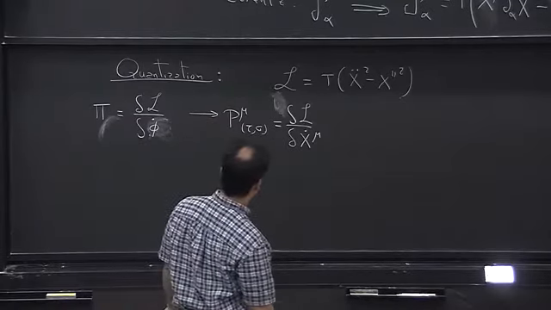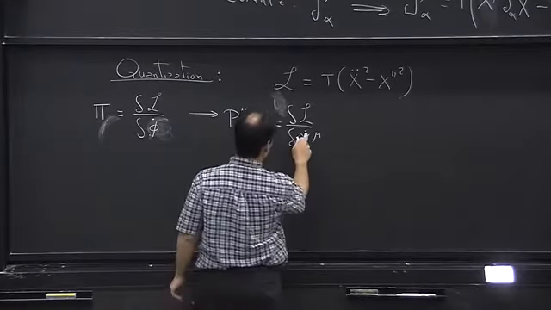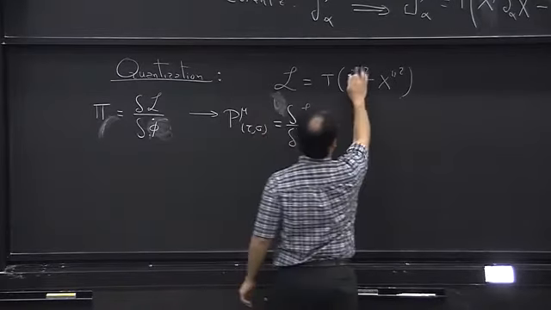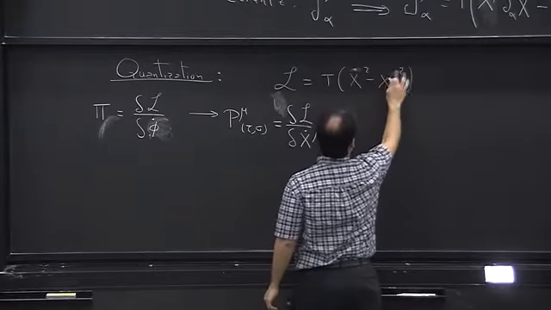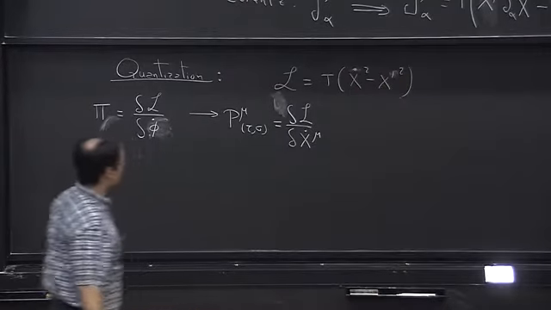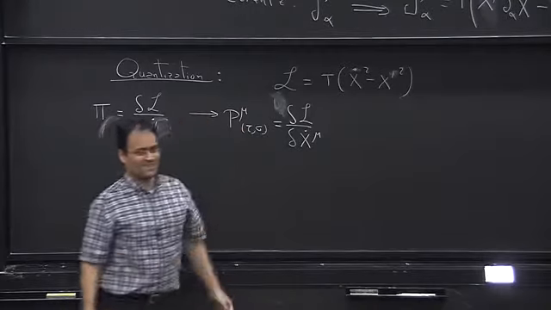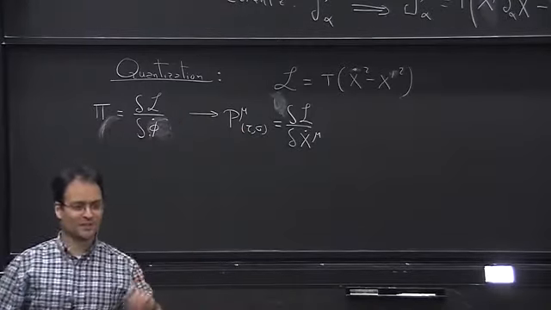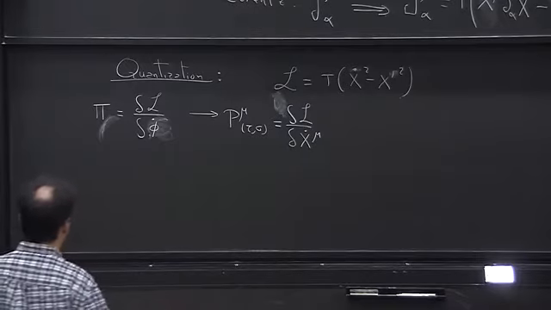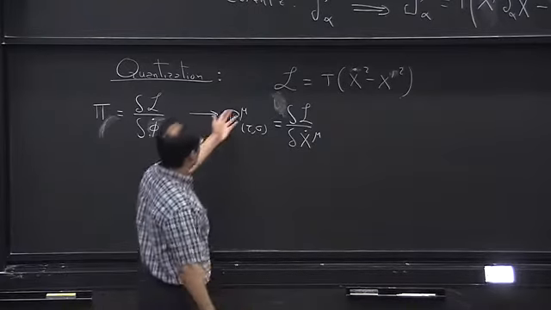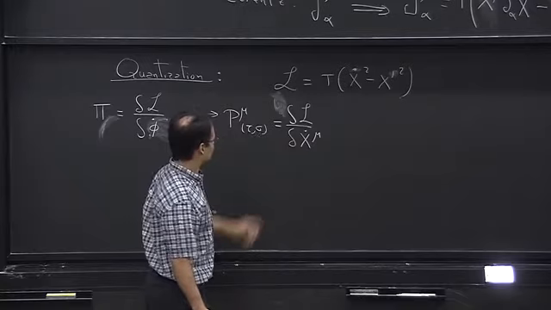Sorry? Here? Oh, sorry, in the Lagrangian, yes. Okay, so I hope it's not confusing that we're calling P everything that looks like momentum. So this P now depends on tau and sigma.